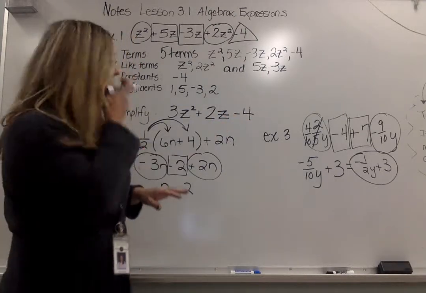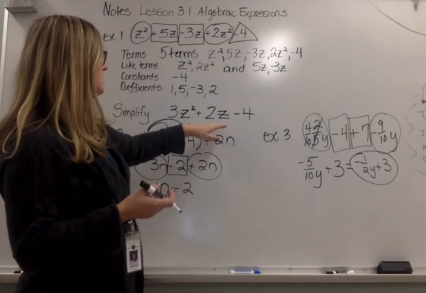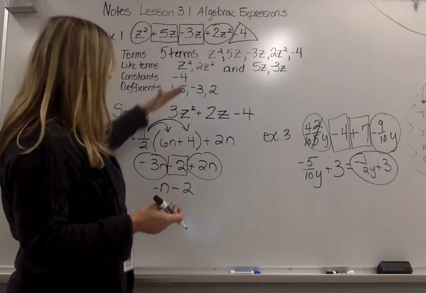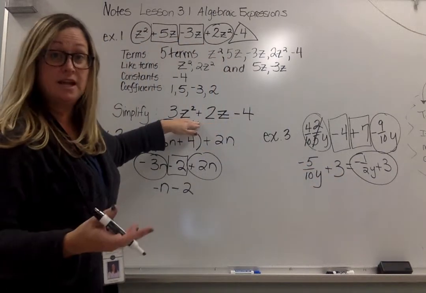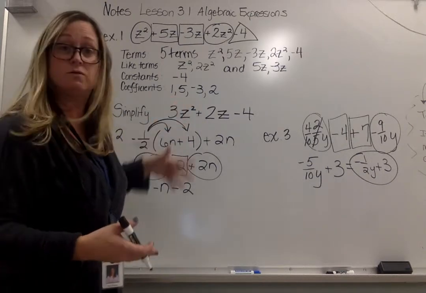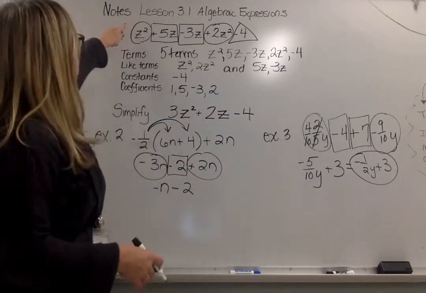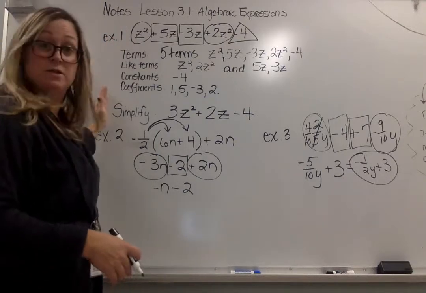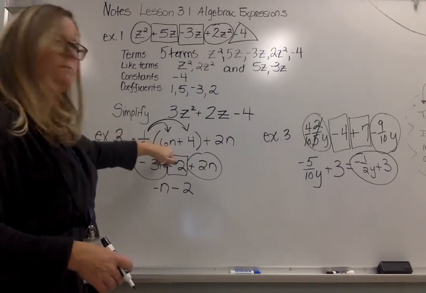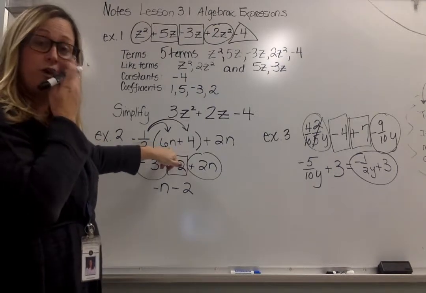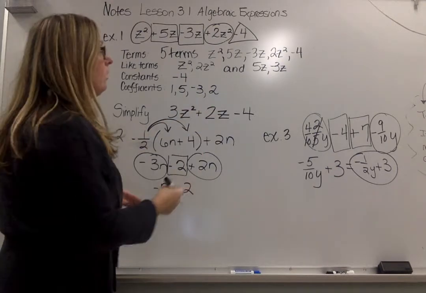It's not going to be incorrect if I had a negative 4 plus a 2z plus a 3, but you're always going to want to put those variables first, and if there's more than one variable, like it has an exponent, you're going to use those first. So, simplifying algebraic expressions. Know this vocabulary, know what it means to simplify, be able to distribute a number in front of the parentheses, and then be able to combine.